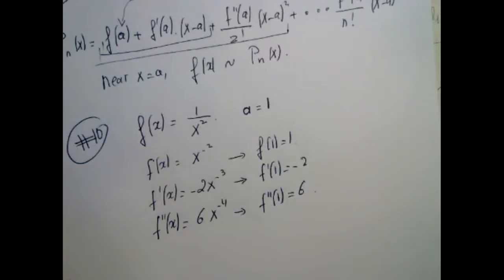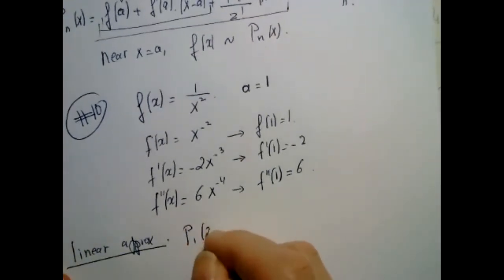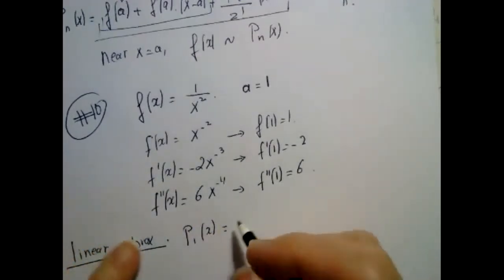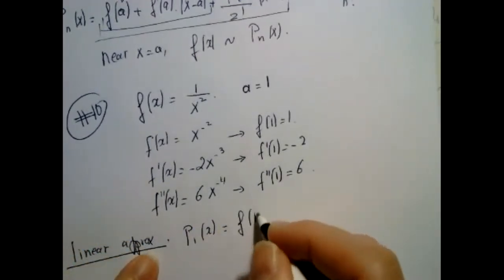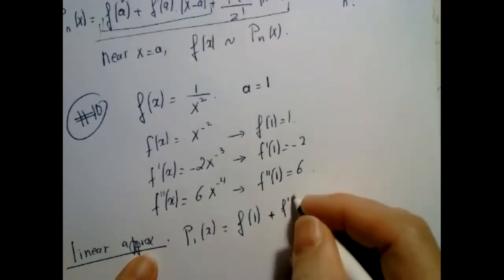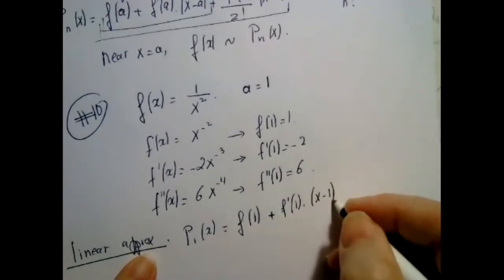So the linear approximation means basically the tangent line. We're going to call it P1, the polynomial of degree 1. It's f of a, f of 1, my base point, which is 1, plus the derivative at 1 times x minus a, which is 1.